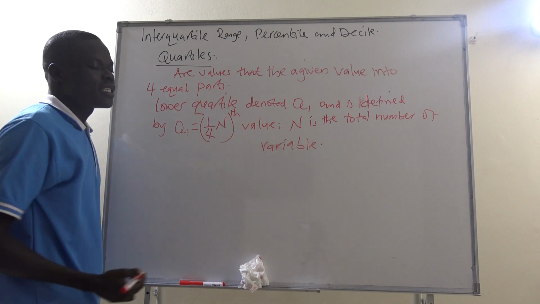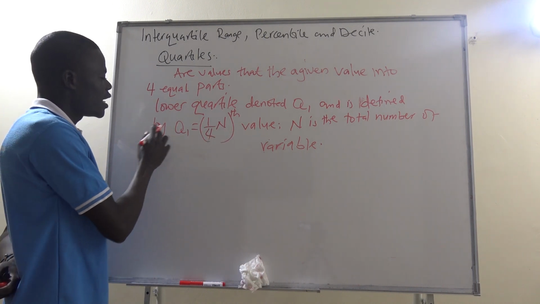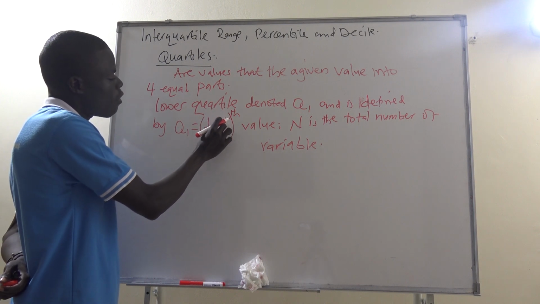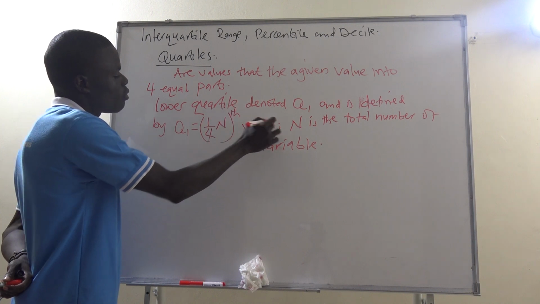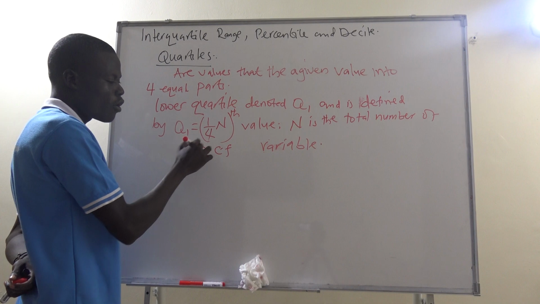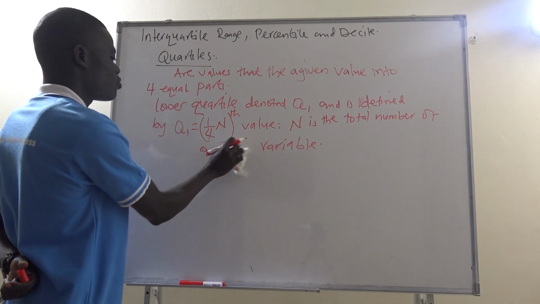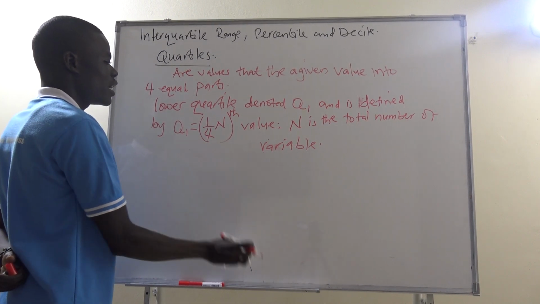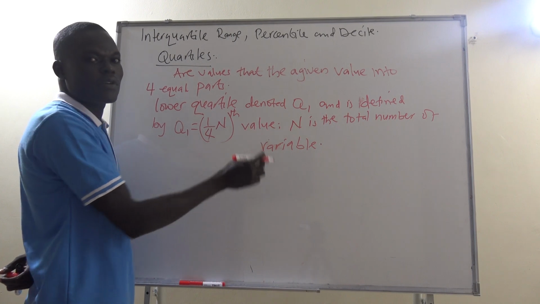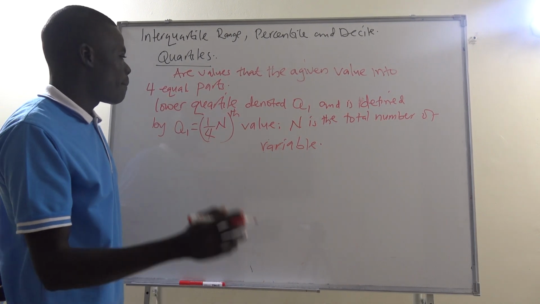Otherwise, we can say Q1 is a quarter of n, the value from cumulative frequency. Even if you stop here, it may make some sense, but if you want to proceed, take note that this value is from cumulative frequency, not from any other part.